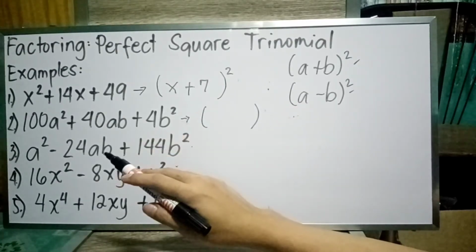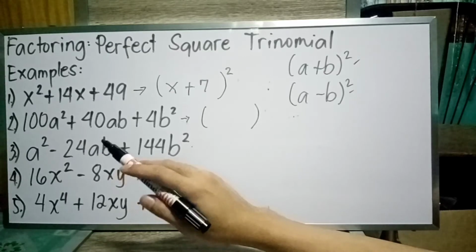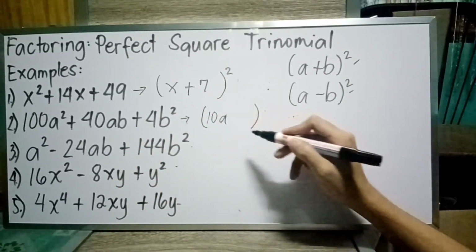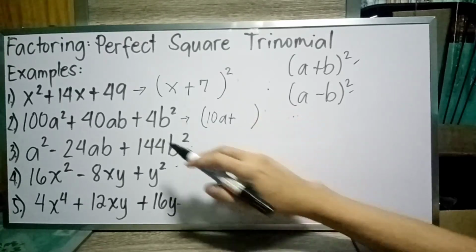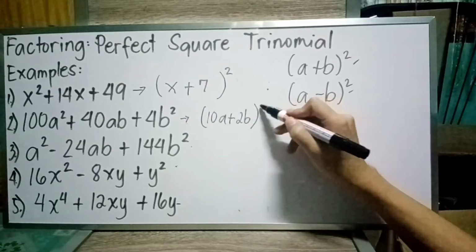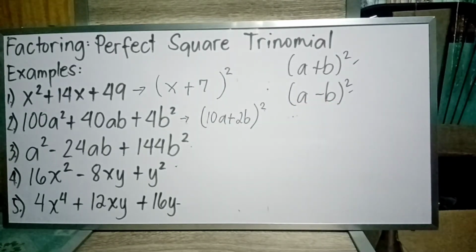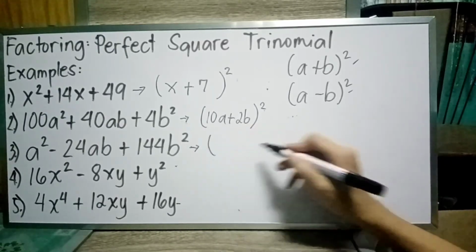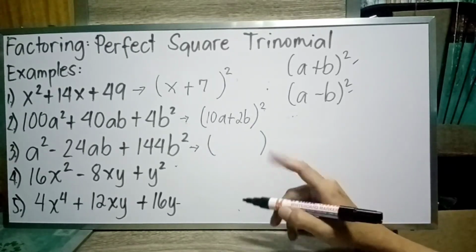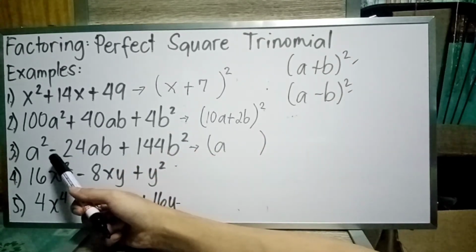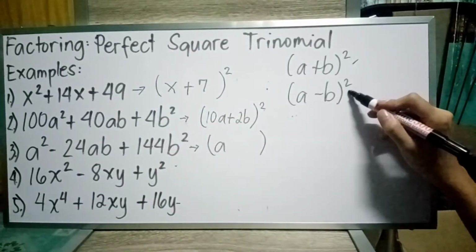Next, get the square root of the first term, 100a squared, that is 10a, plus the square root of 4b squared, that is 2b, then squared. Now this one, square root of the first term, a squared, that is a, and since this is negative, we're going to use the minus one.